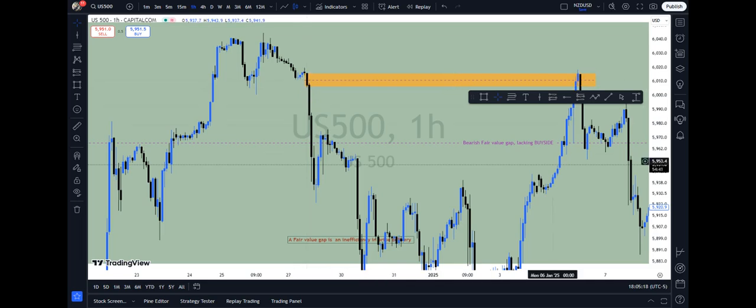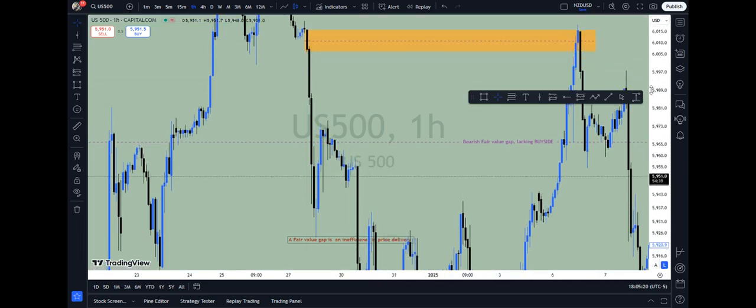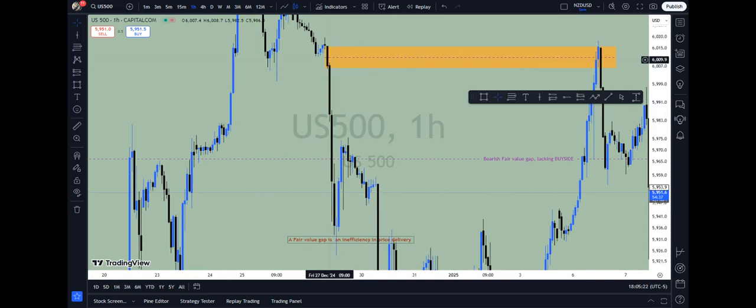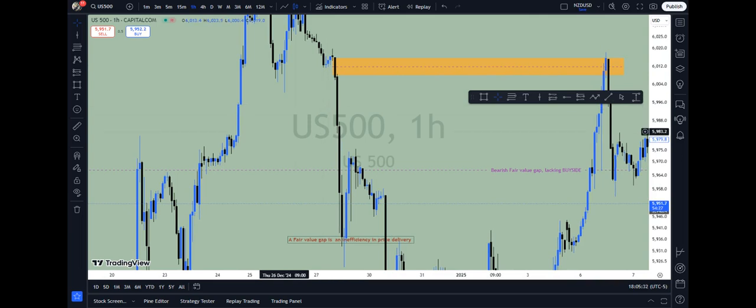This black candle is a bearish candle, am I correct? Yes. The reason it's a bearish candle is because when we are buying, it's called bullish. When we are going downward or selling downward, it's called bearish. So now, this is a bearish fair value gap.